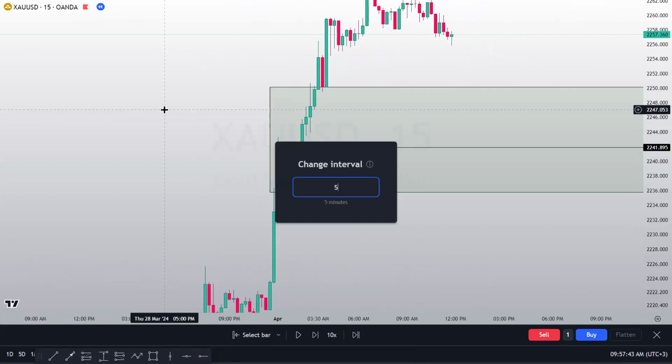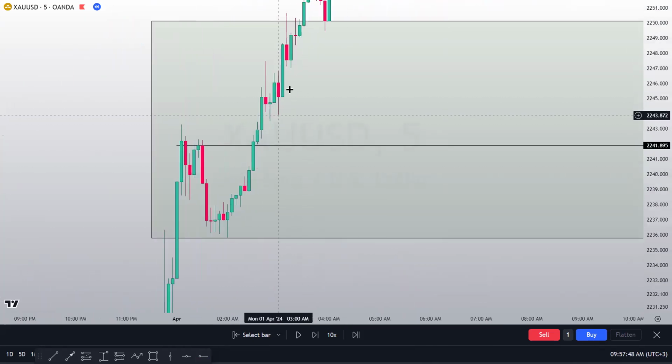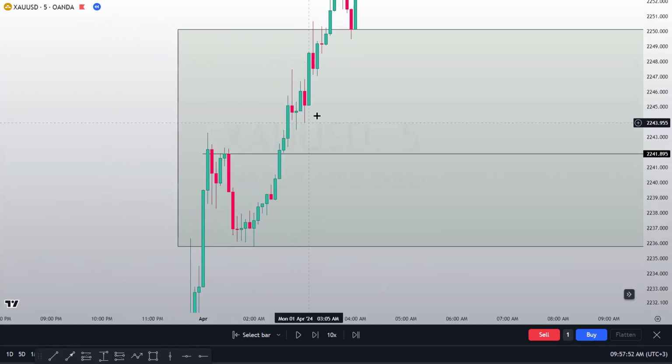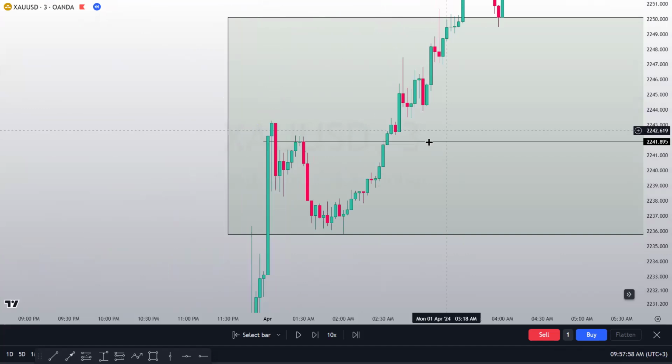Coming now to the 5, we had this area of liquidity right here. As you can see, this was some sort of liquidity consumption area. Coming to the 3 minutes time frame, I was still having this.